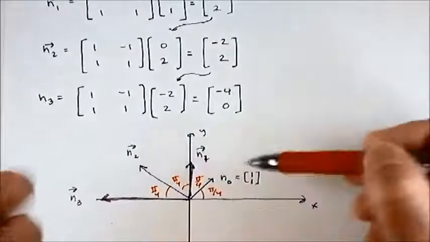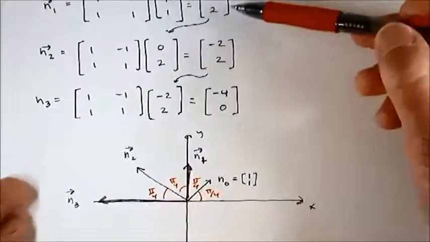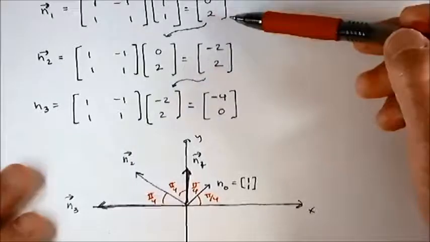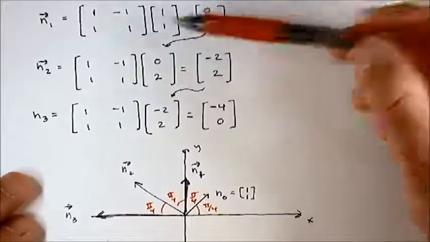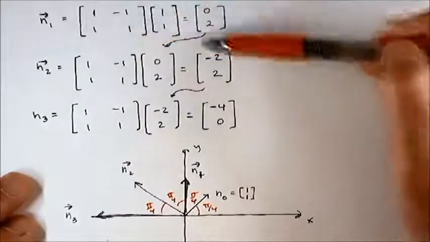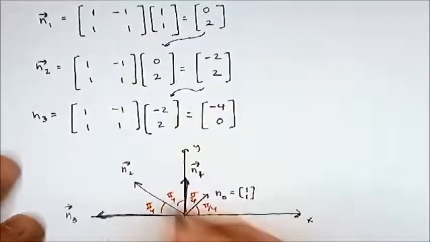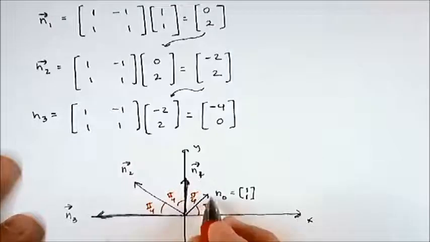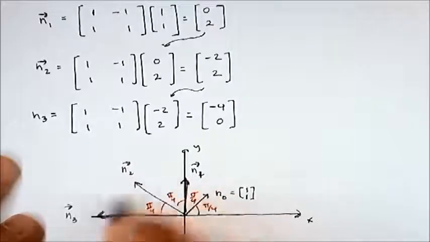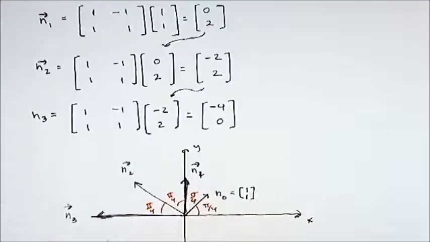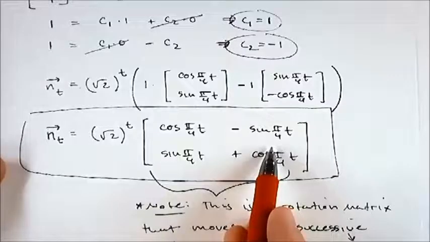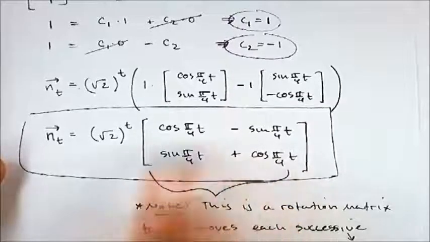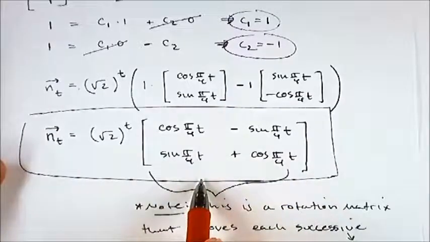So what's happening is exactly what we found when we did the solution. Once we recognized it was a rotation matrix, as we multiply our matrix by these vectors successively, we're getting vectors that are getting bigger in length, but they are rotating counterclockwise by an angle of pi over 4, which is exactly what we were seeing with our solution, right?